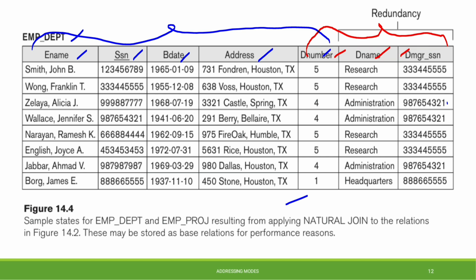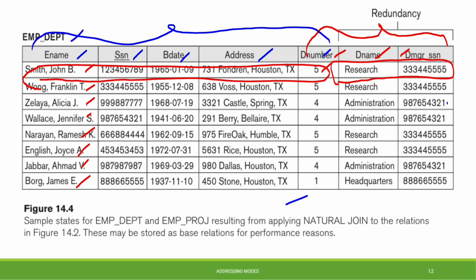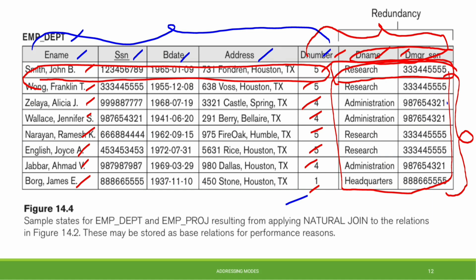Now there are 8 rows of data in this relation, and in every row of data for an employee, for which department he works for, the D name and MGR SSN values are also stored in that one row. So for every row here, the values of these two attributes are to be repeated. So this is the block of redundant data.